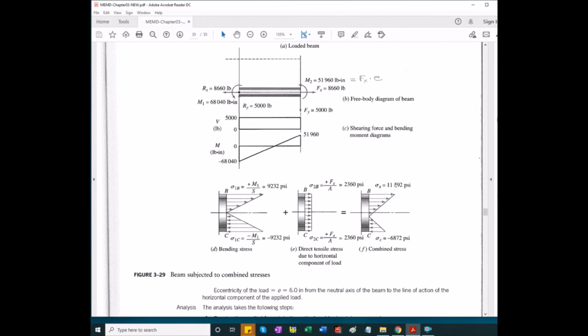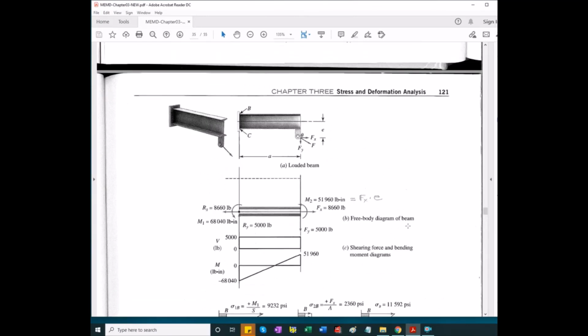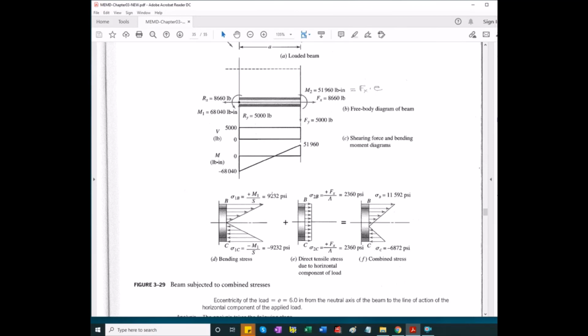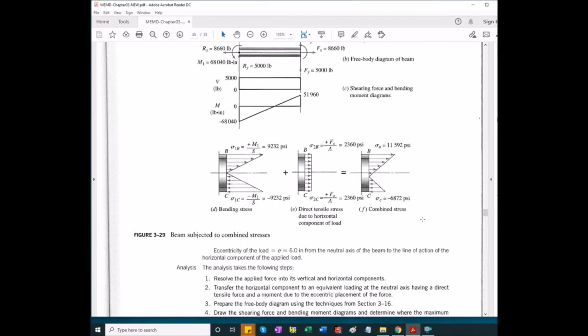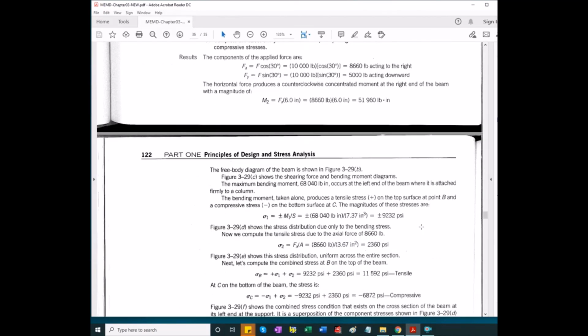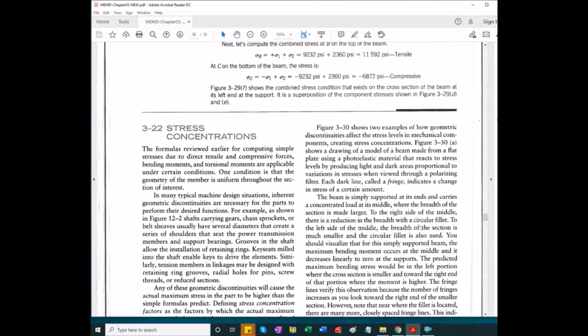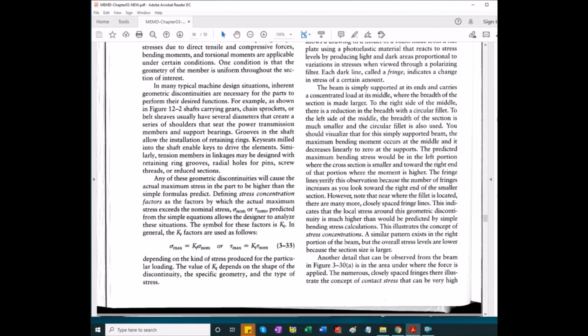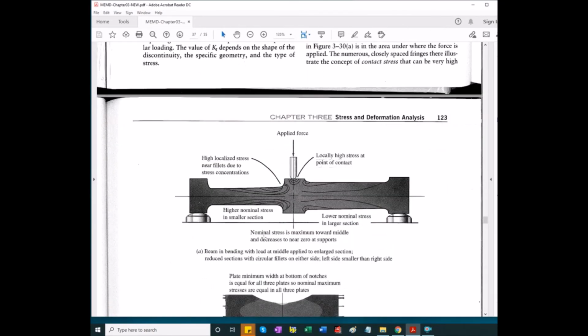As you can see, tensile stress went up, compressive stress went down, and you could use this to calculate the design factor, given the material available for the beam.